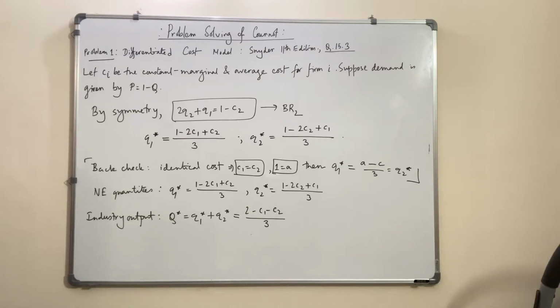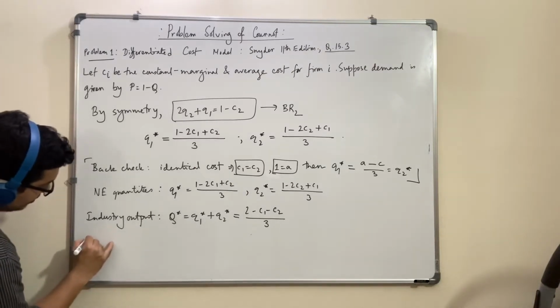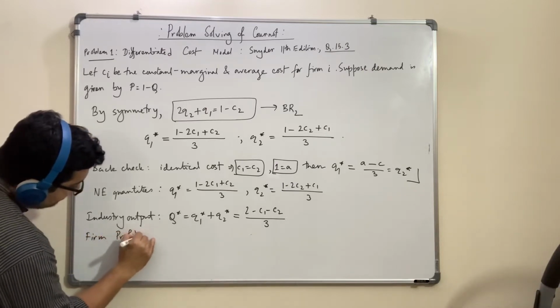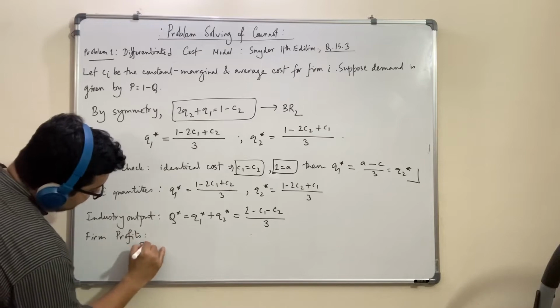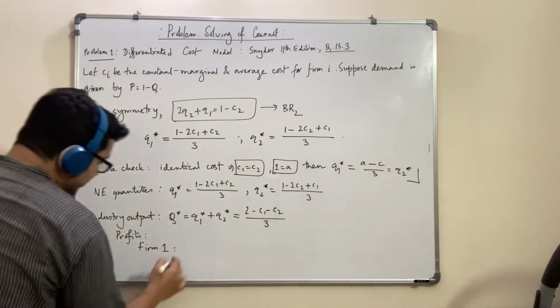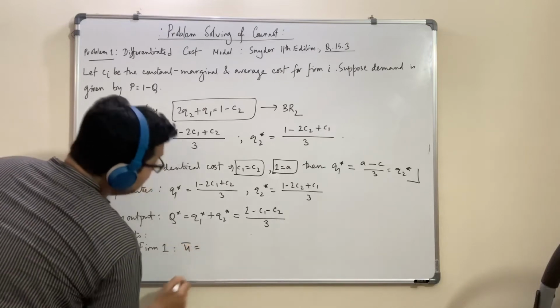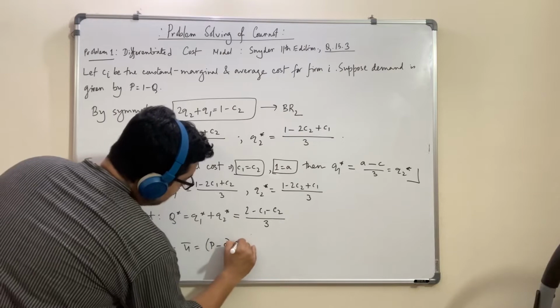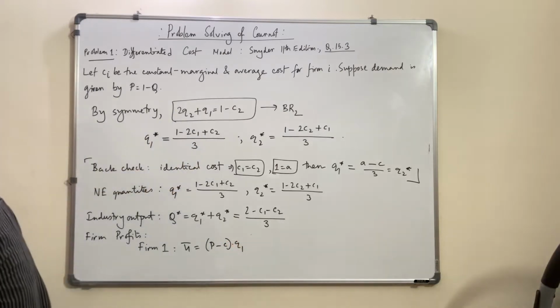Then comes firm profits. So I'll just write firm 1. What is the profit function here? Pi 1 equal to (P minus C) into q1, right? This is the expression.